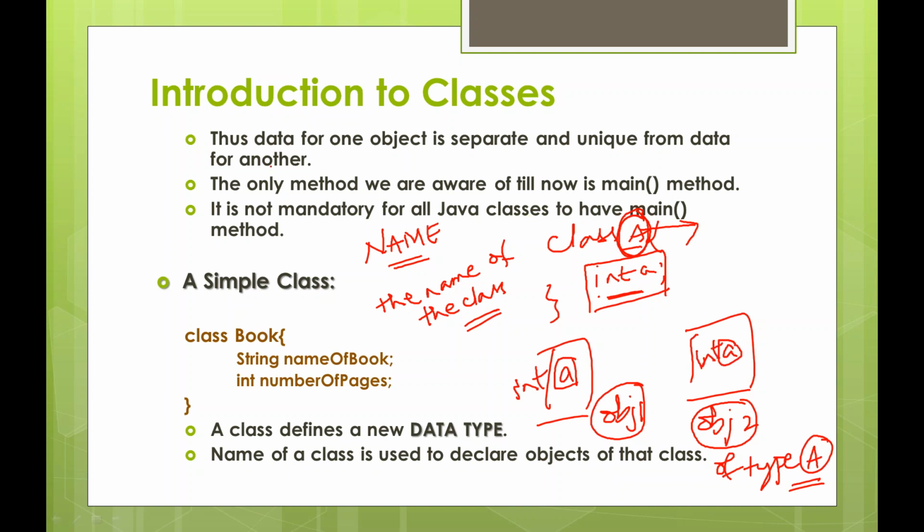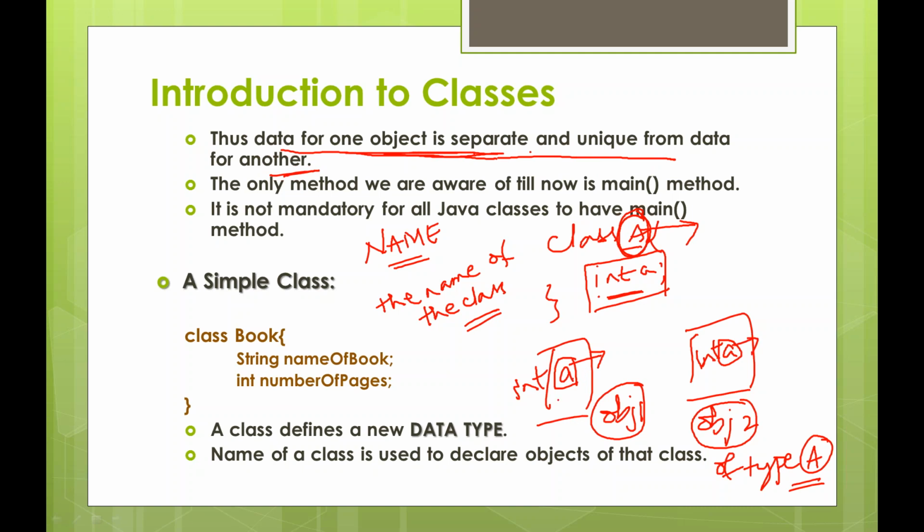Okay, so just read this sentence. The data for one object, or the value of the data for one object, is separate and unique from the data for another object. Data is nothing but the variables. The value for this instance variable A can be equal in both objects.